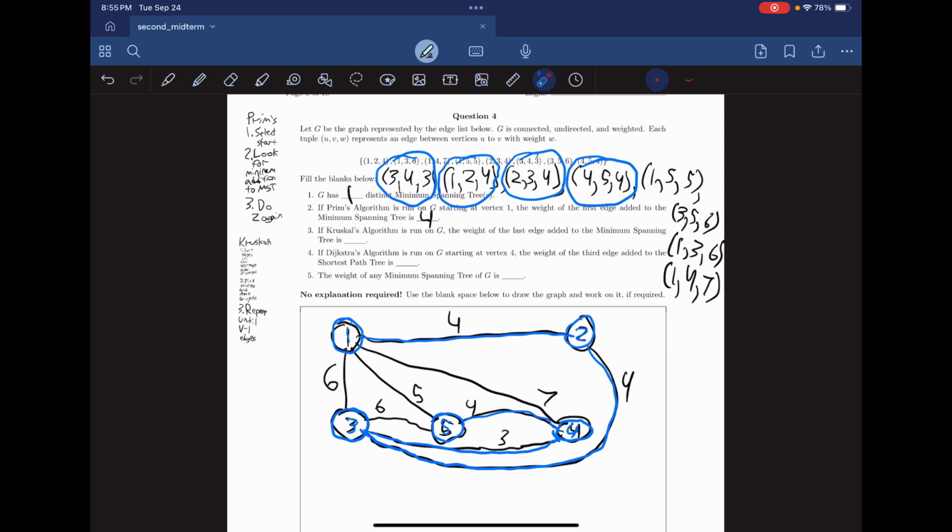And you're correct with that. However, the question says, what is the weight of the last edge added to the minimum spanning tree? And so we know that the last edge that we added was this. It could have been this, or it could have been this, but the point is, in all cases, the weight of the last edge added to the minimum spanning tree, regardless of how you order it, is weight 4.